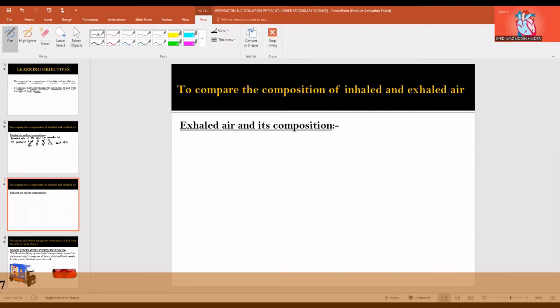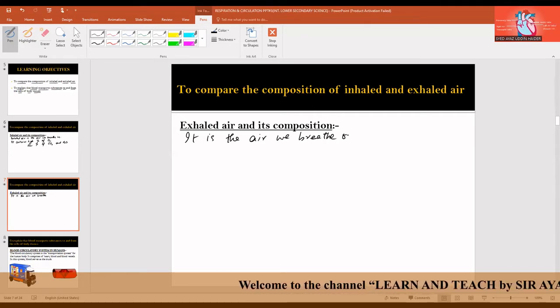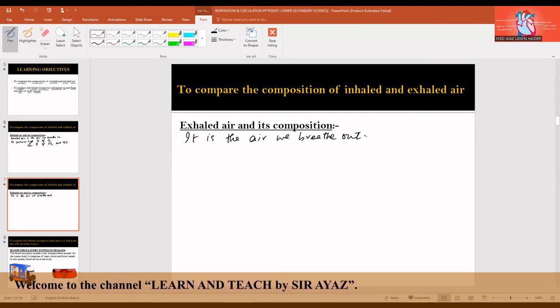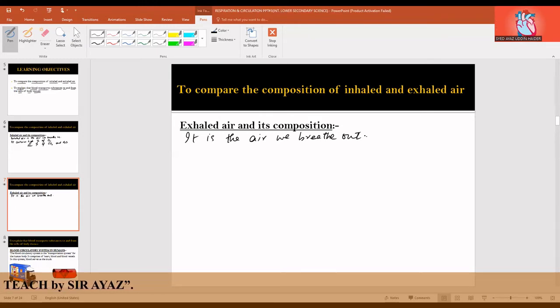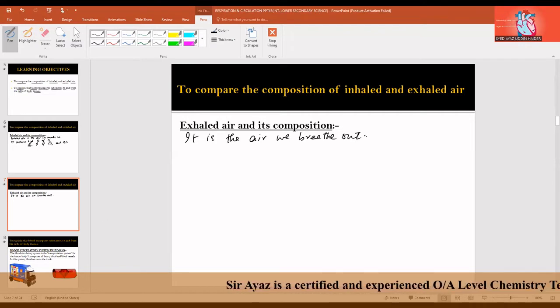Exhaled air is the air we breathe out. It contains a high concentration or percentage of carbon dioxide along with water vapor and a lower concentration or percentage of oxygen.